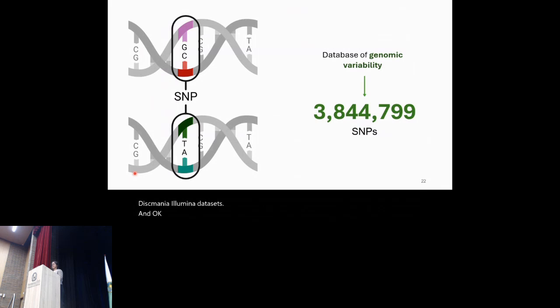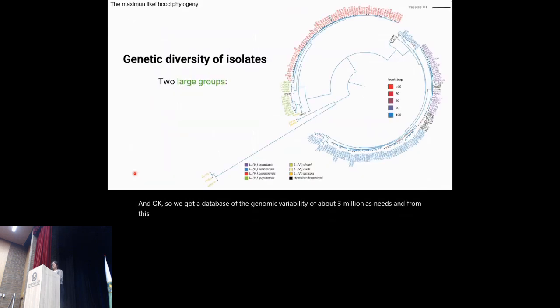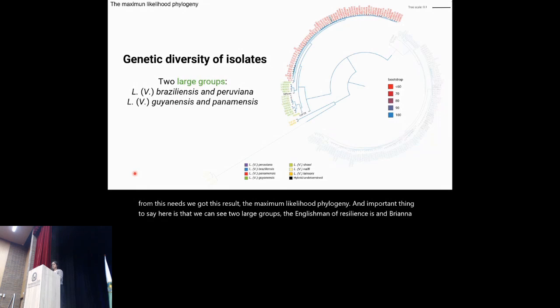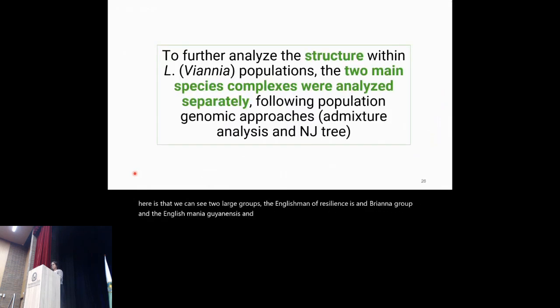We got a database of the genomic variability of about 3 million SNPs. From these SNPs, we got this result, the maximum likelihood phylogeny. The important thing to say here is that we can see two large groups, the Leishmania braziliensis and peruviana group, and the Leishmania guyanensis and panamensis group.